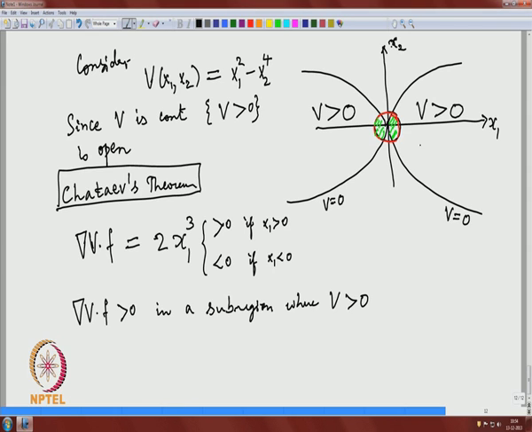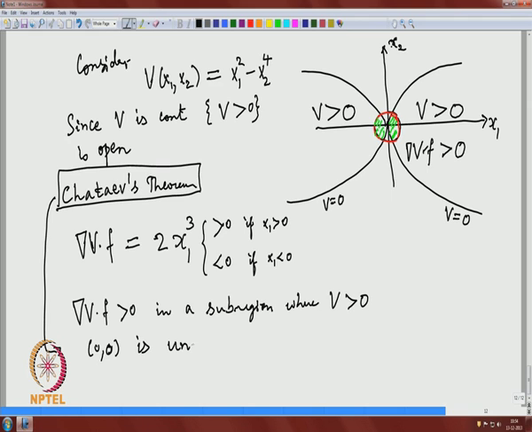So, in this region, this grad V dot f is positive. Okay. So, now you apply Chetaev's theorem and conclude that 0 0 is unstable.